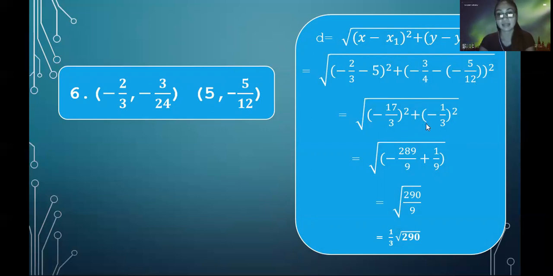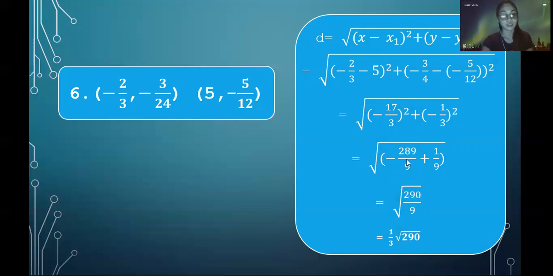So it is equal to the square root of negative 17 over 3 squared plus negative 1/3 squared, and it will become negative 289 over 9 plus 1 over 9.